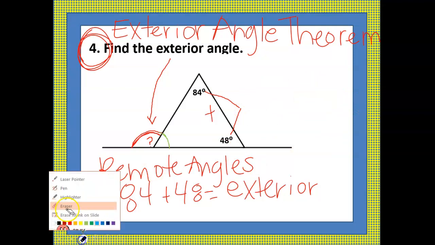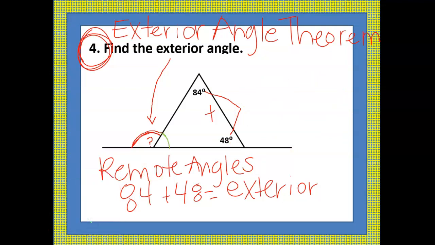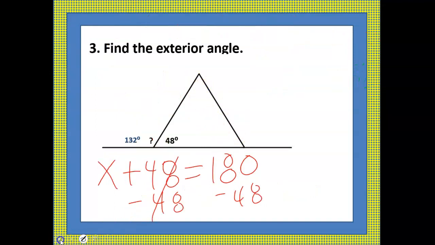So if I take my two, what we call remote angles, and I add them up, I get 132. And that's exactly what this equals. It's 132. So I don't have to worry about doing anything else as long as I know the two remote angles.